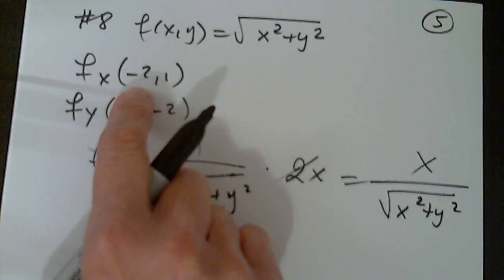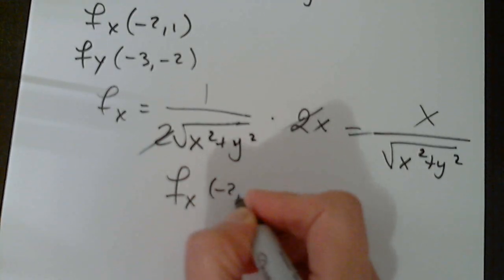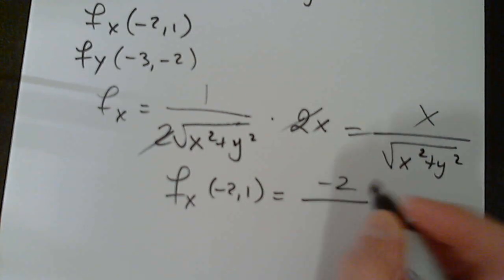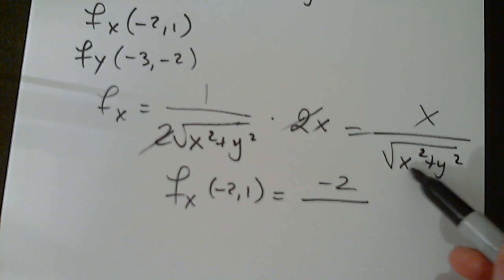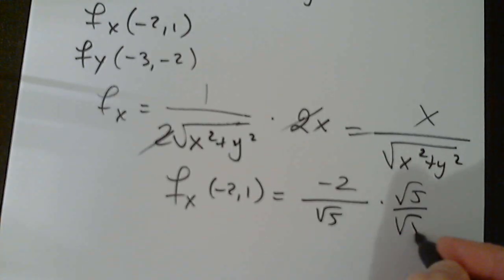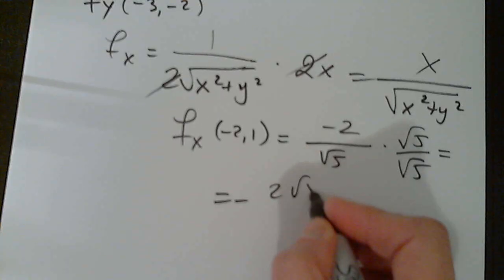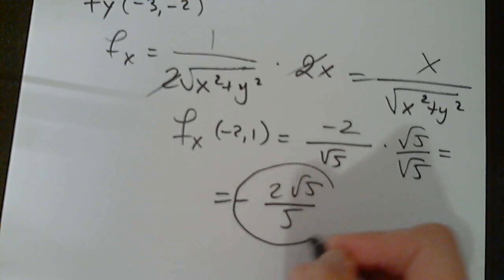I'm asked to evaluate this at -2, 1. No problem. So fx at -2, 1 will be -2 over the square root of 4 plus 1, the square root of 5. I can rationalize. So then this will be -2 square root of 5 over 5.